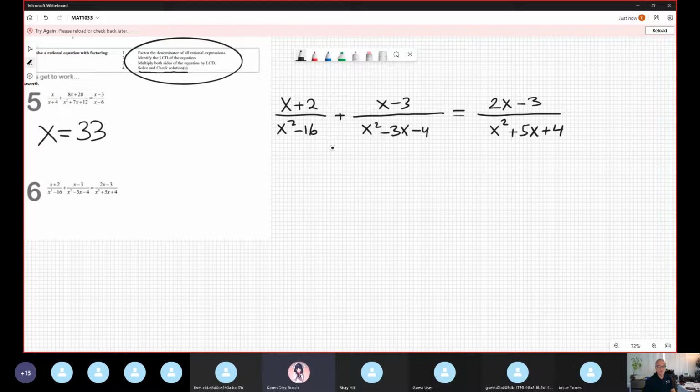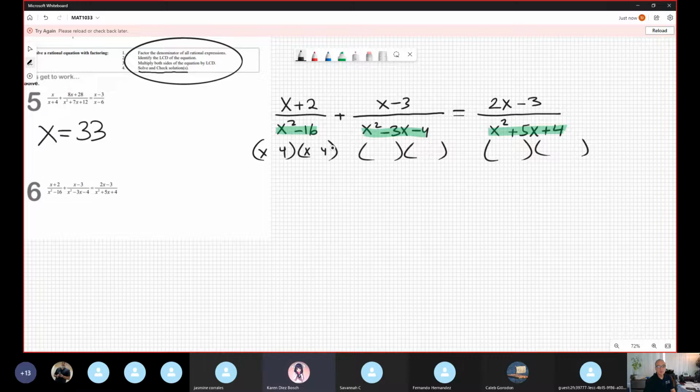Remember, step 1, factorize any expression in the denominator. Factorize this, factorize this, factorize this. I don't care about the numerator, not important. So this is the classical difference of squares. This is trinomial and trinomial. The factorization is x and x, and the square root of 16 is 4, so minus.